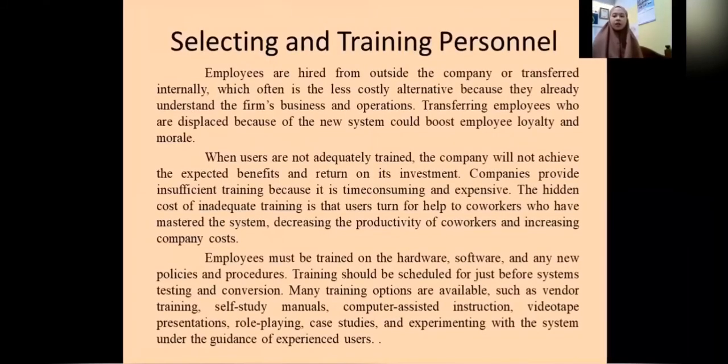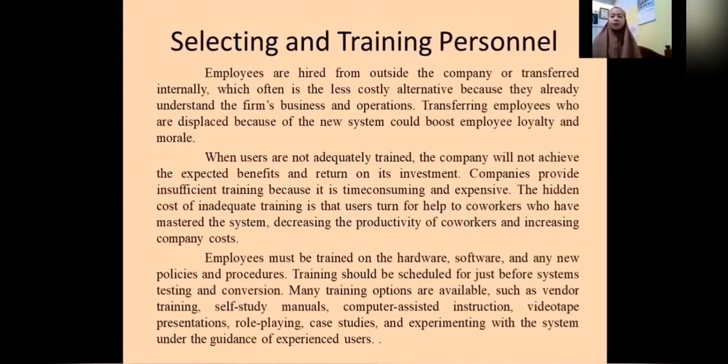Selecting and training personnel. Employees are hired from outside the company or transferred internally, which often is the less costly alternative because they already understand the business and operation.